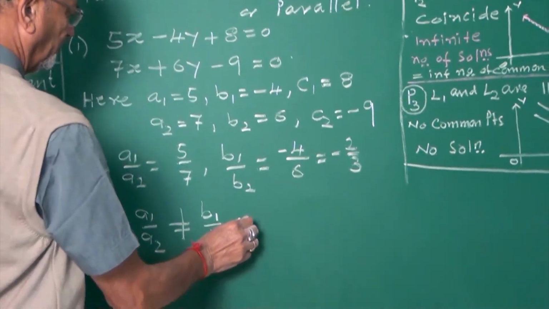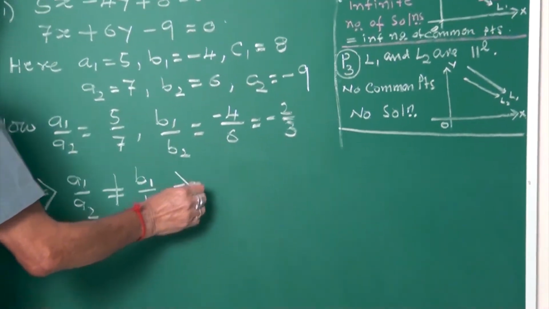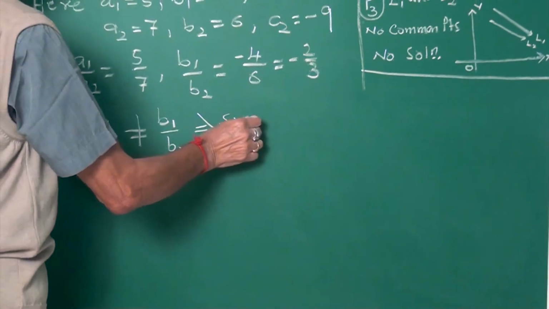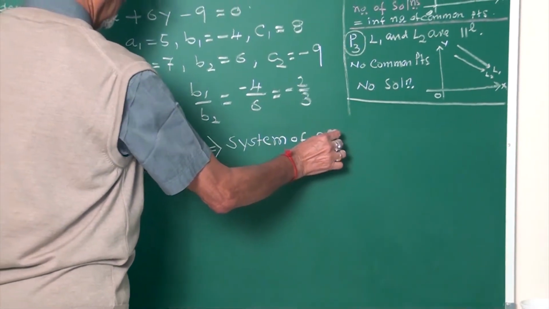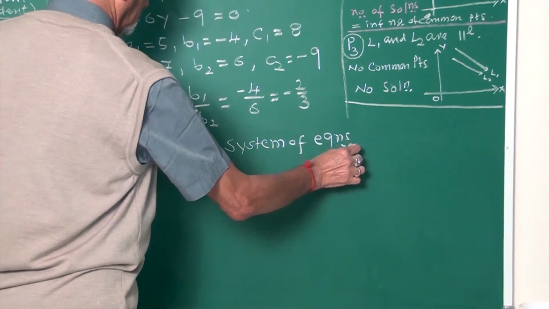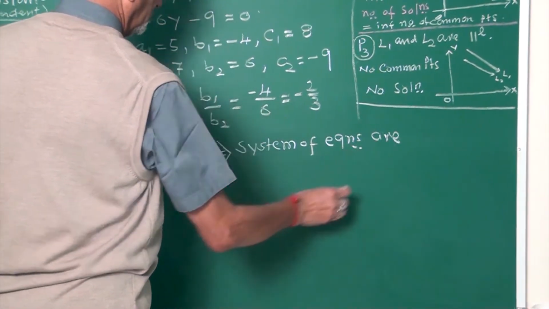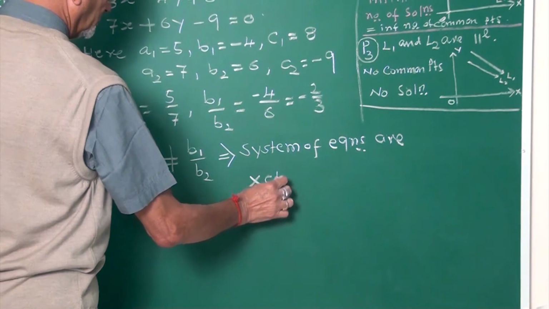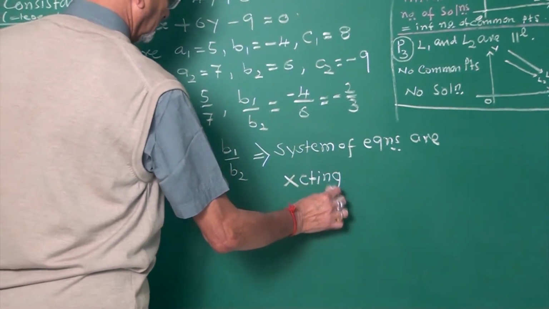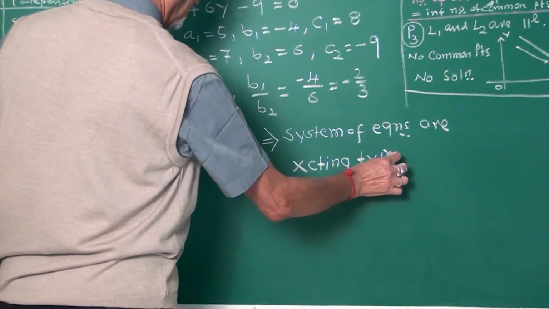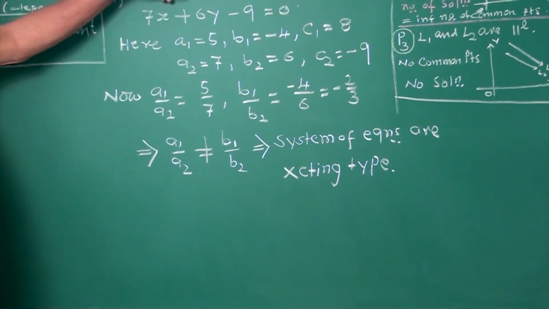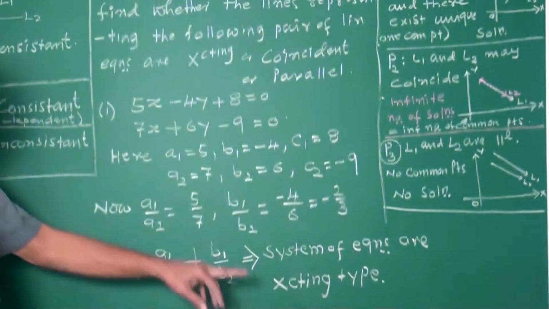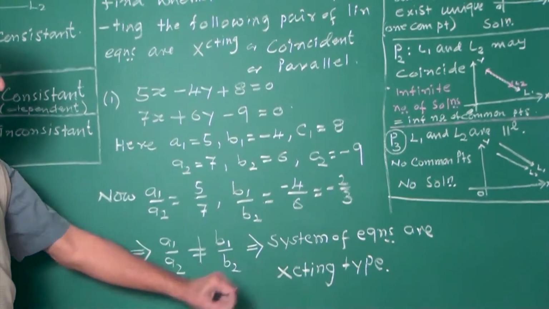Yes, this implies the system of equations are intersecting type. Anyway, the question wanted only whether it is intersecting, coincident, or parallel. You have to write only that it is intersecting type.